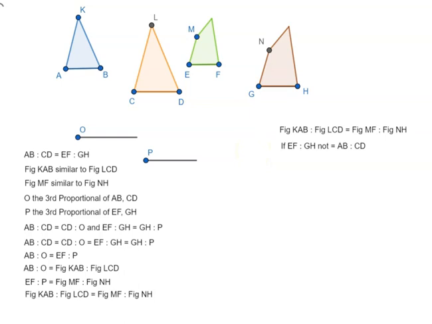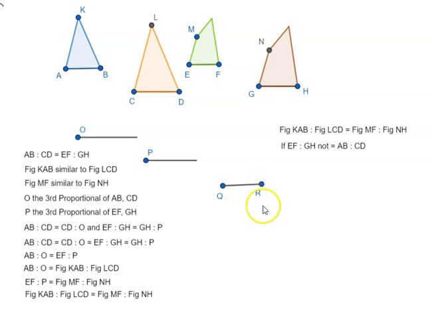For that, we have AB and CD, and we have EF. We have to find the other. So that will be our fourth proportional. We know how to find the fourth proportional. So let's find that.